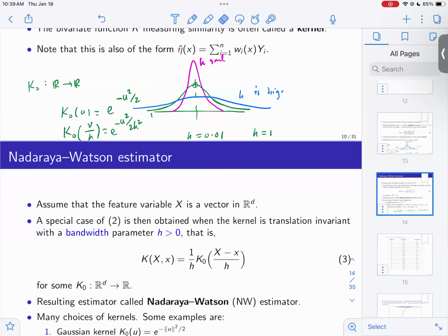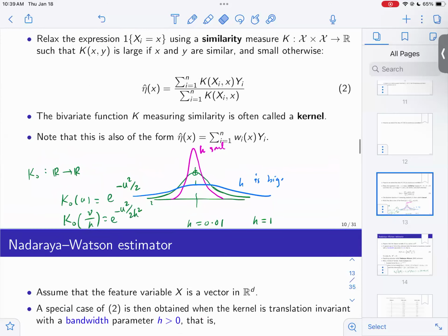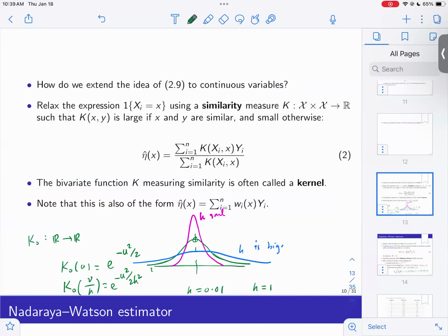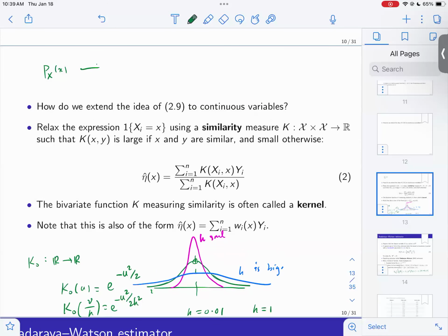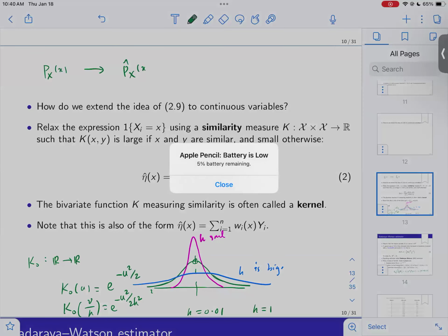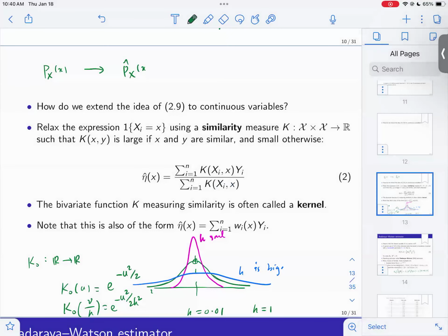So this is used elsewhere. For example, it's used in kernel density estimation as well. So the problem that we mentioned earlier, trying to estimate the PDF. If I want to estimate the PDF, I can use the same idea. In fact, p hat of x was 1/n summation i from 1 to n of the indicator of xi minus x.